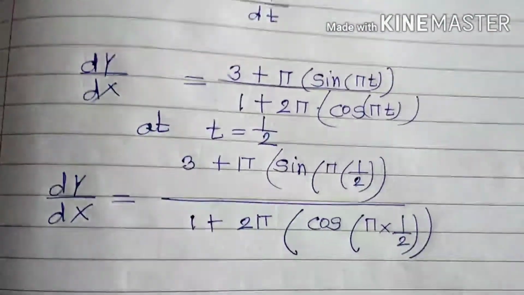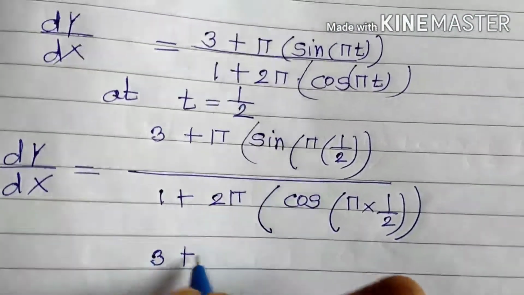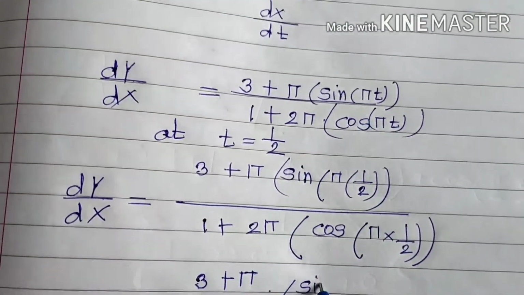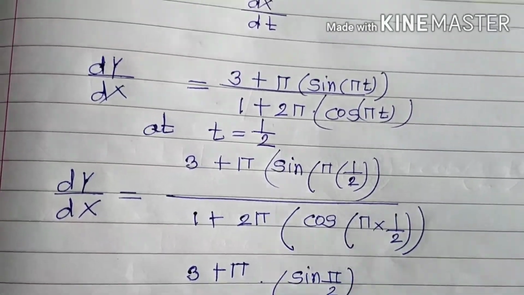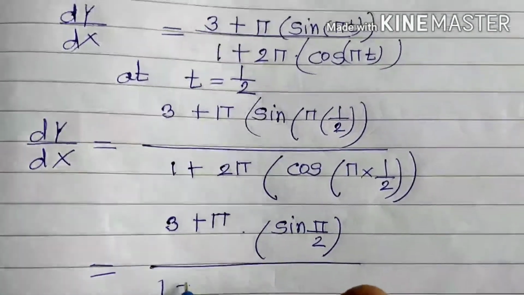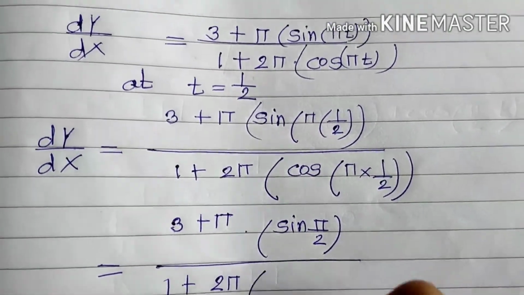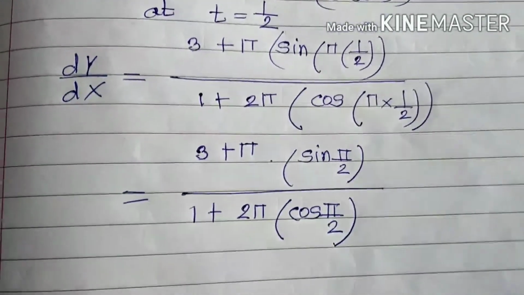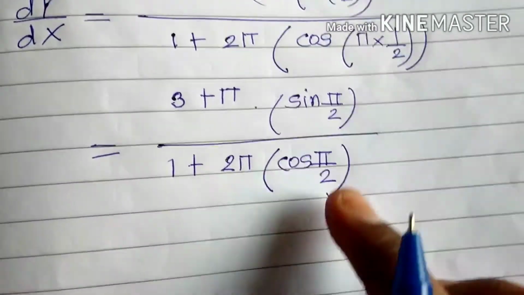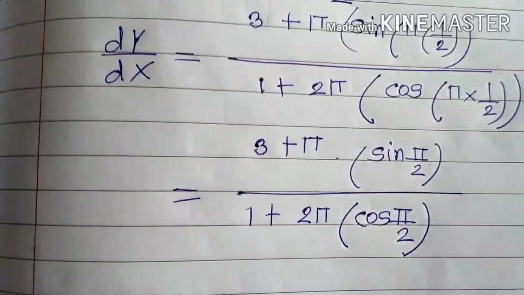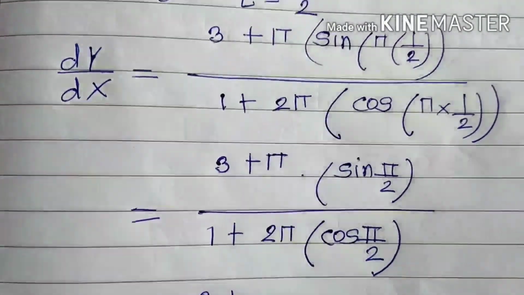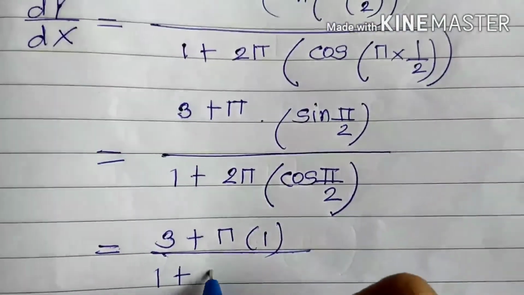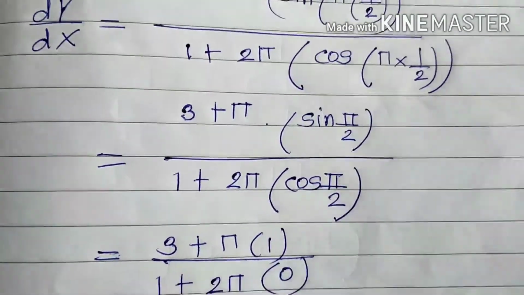sine pi by 2 upon 1 plus 2 pi into cos pi by 2. And we know that the value of sine pi by 2 is 1 and the value of cos pi by 2 is 0. So put it, 3 plus pi into 1 upon 1 plus 2 pi into 0.